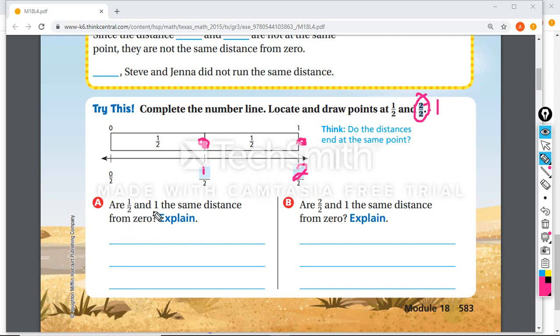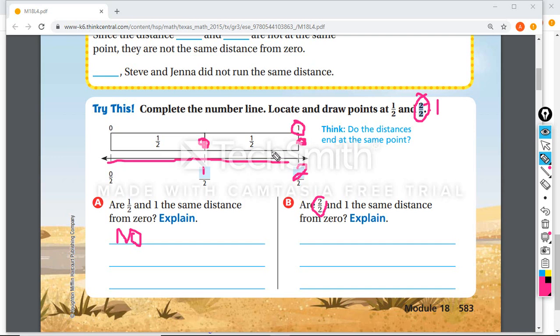Are 1/2 and 1 the same distance from 0? No. Explain why. Because 2 over 2 is a greater distance from 0 than 1/2. Are 2 over 2 and 1 the same distance from 0? Well, here's 2 over 2.